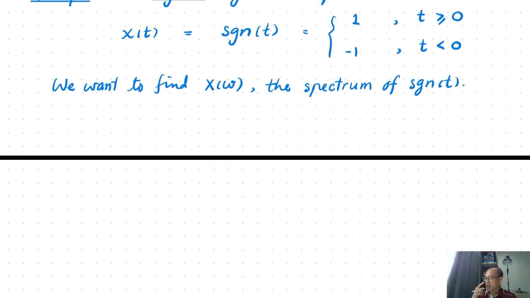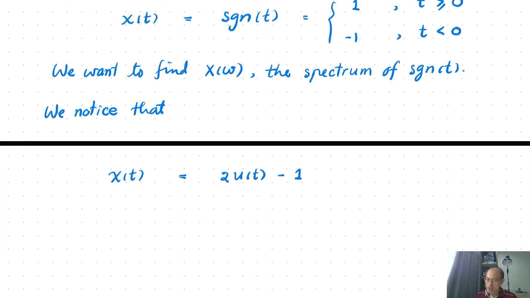Now, to do that, we notice that the signum signal x is equal to 2 times the unit step signal minus 1. Now, how is this so? If you don't understand this, you can plot the graph of the signum signal.